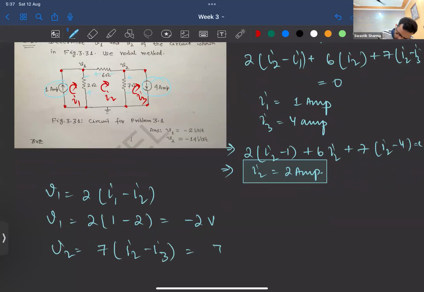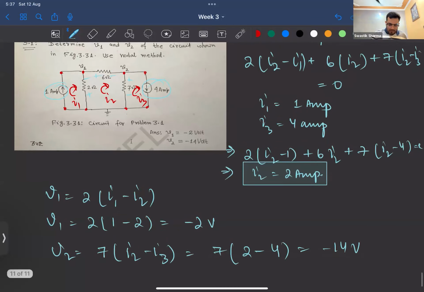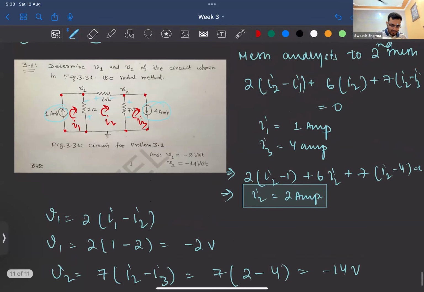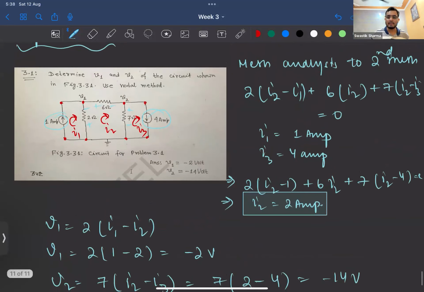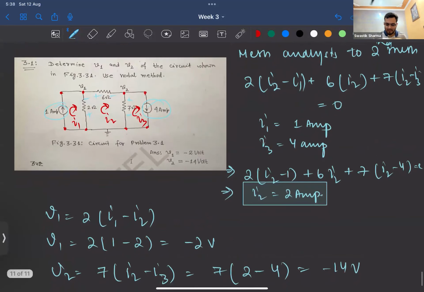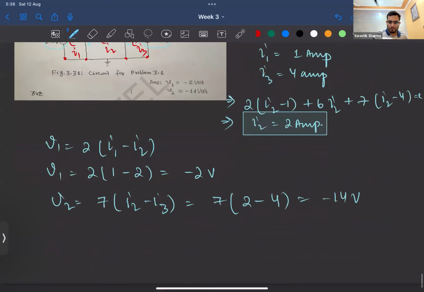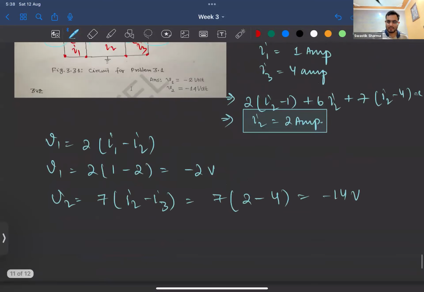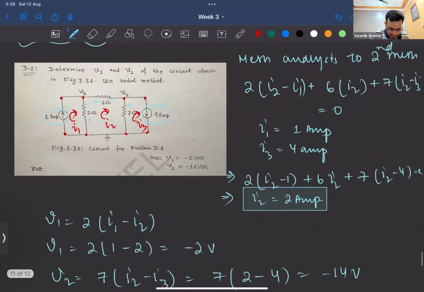So this is 7 times (2 minus 4), which is -14 volts. So that's how you can solve this problem using both nodal analysis and mesh analysis. Now you must have this question in mind: where to apply which one? Where can you apply nodal analysis and where can you apply mesh analysis?